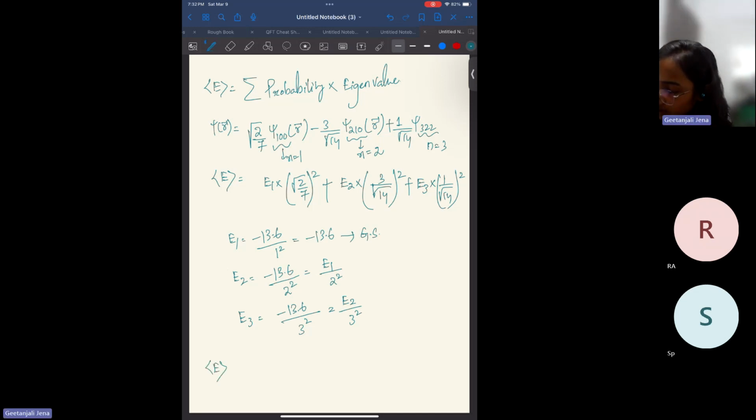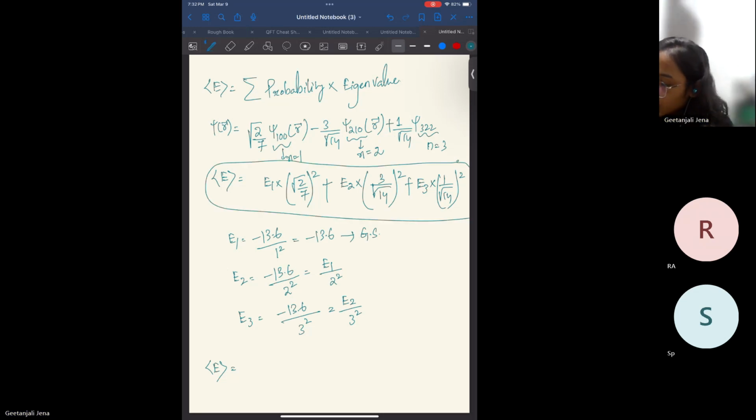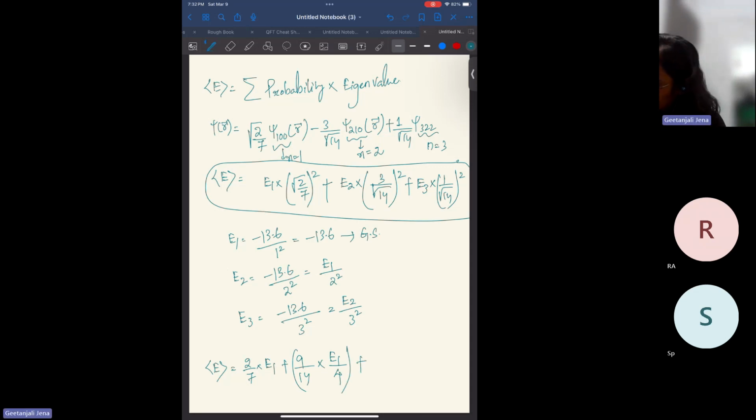So let me put this in the above equation. So you will get 2 by 7 into E1 plus 9 by 14 into E1 by 4 plus 1 by 14 into E1 by 9.